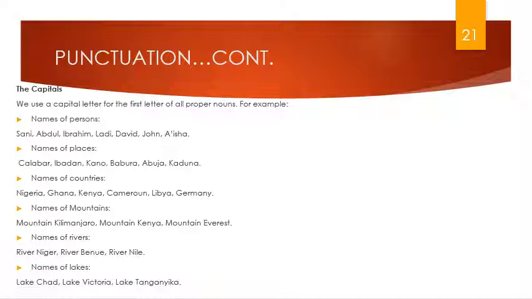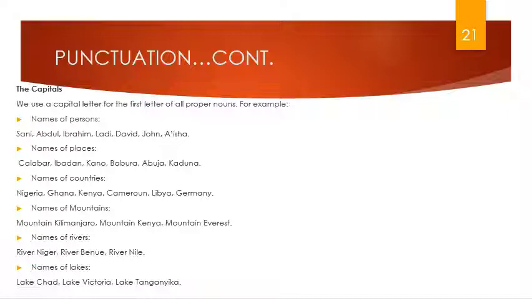Capitalization, or capital letters. We use a capital letter for the first letter of all proper nouns. That is, when you are writing a particular name of a person, place, and so on, a capital letter is used at the beginning of that word. For example, names of persons: Sani, Abdul, Ibrahim, and names of places like Calabar, Ibadan, Kano.